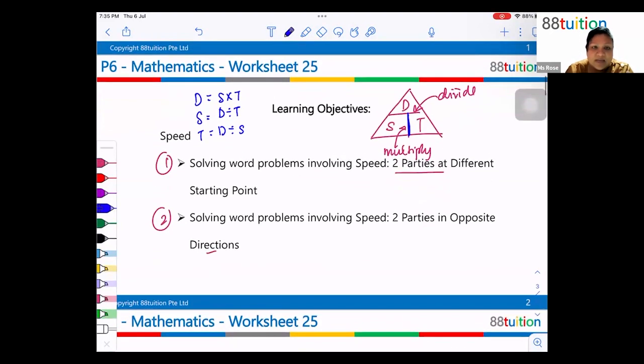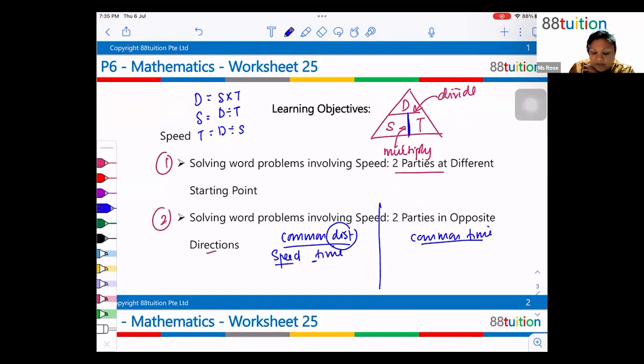Okay, so last week we went through common distance and we also went through common time. These are two separate types of question. With a common distance, I can find the speed and time ratio. With a common time, I can find the speed and distance ratio.